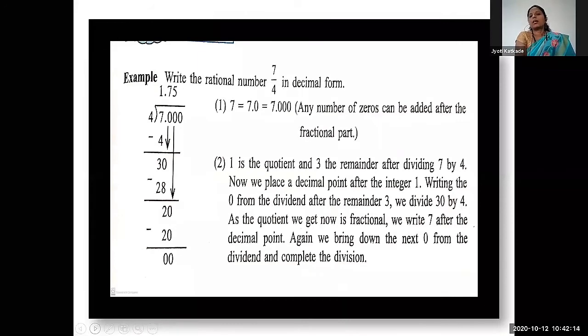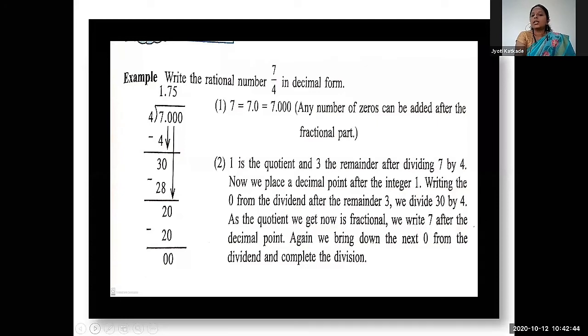For example, write the rational number 7/4 in decimal form. Now we can write 7 as 7.00 also. But first of all, divide 7 by 4. 4 ones are 4. When we subtract 4 from 7, we get 3.